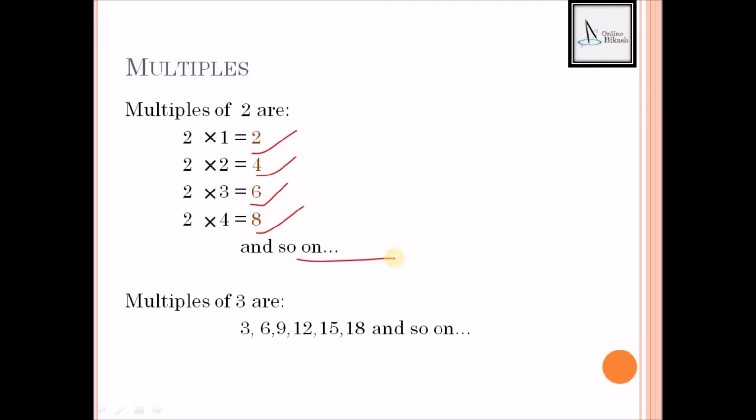Similarly, the multiples of 3 are in the table of 3. You see 3 1s are 3, so that 3 is a multiple of 3. One more important thing, the number itself is a multiple of the number. Okay, similarly 3 2s are 6, 3 3s are 9, 3 4s are 12, 3 5s are 15, 3 6s are 18.